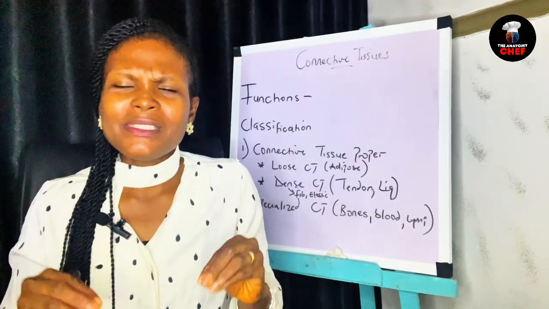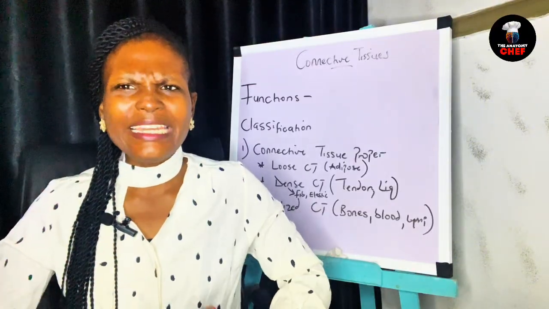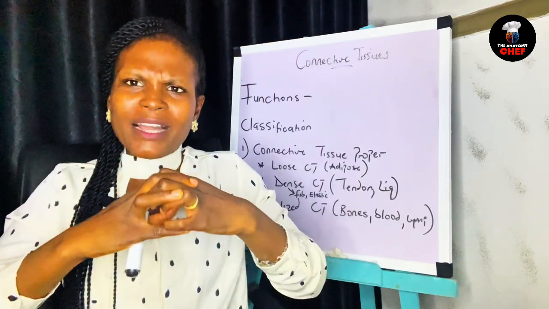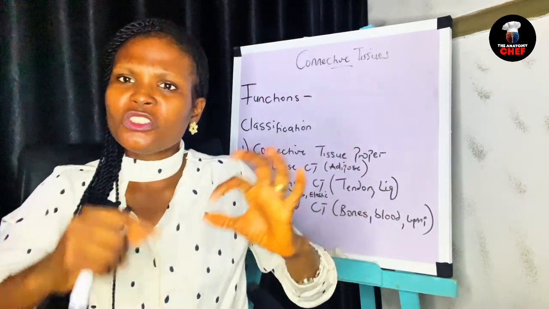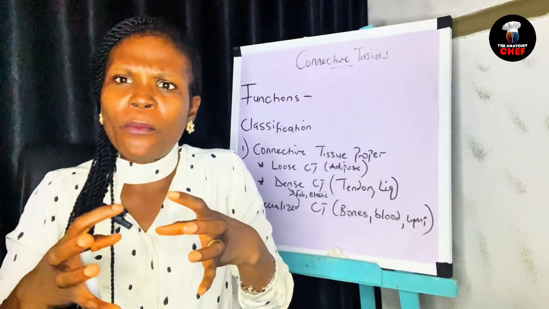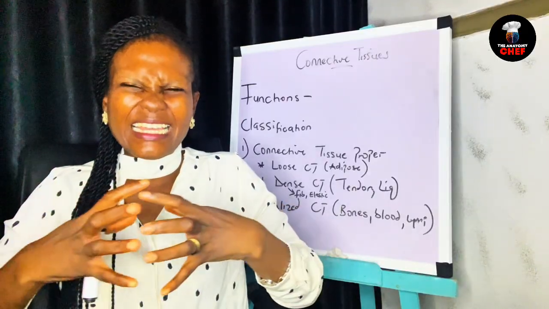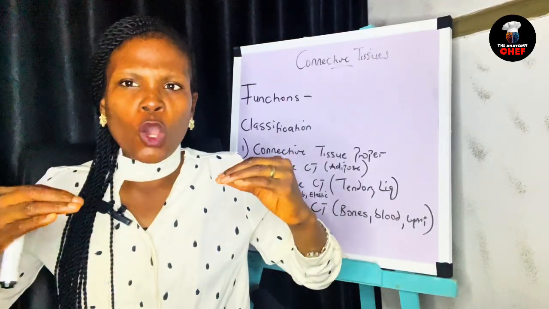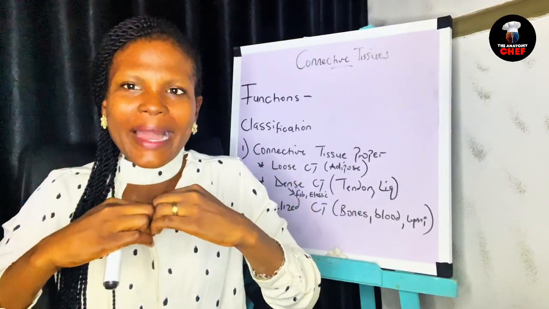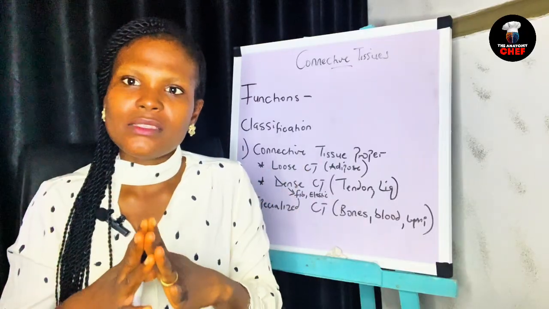Have you dipped that foam into water and brought it out? It has the ability to take in a lot of water because the fibers and the network are tightly packed together. As against the sponge that has openings and loose networks, a foam has a thick network. So that's what a dense connective tissue looks like. It is compacted.